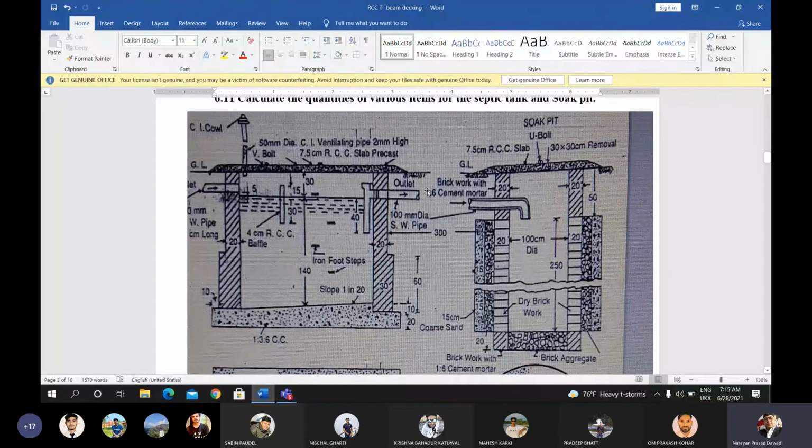Okay, and this outlet pipe is continuous up to this soak pit.